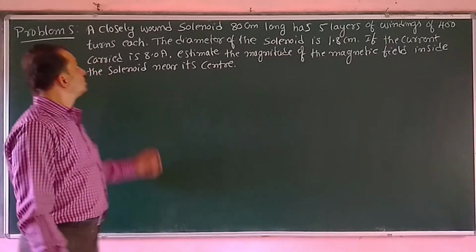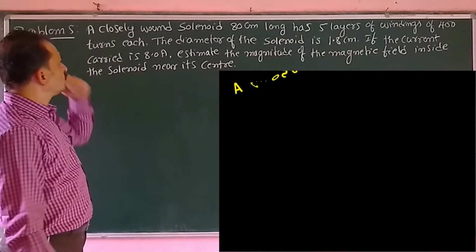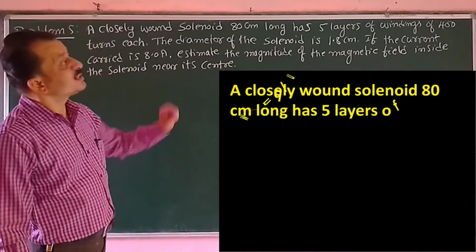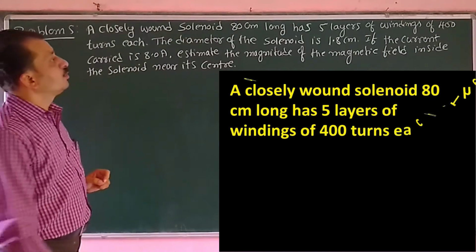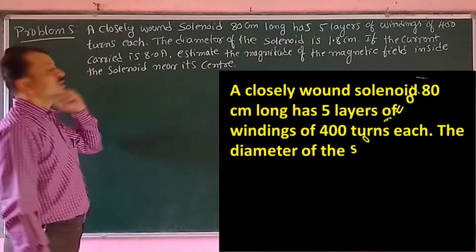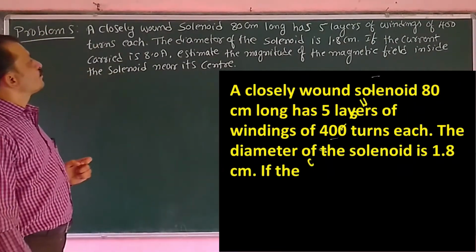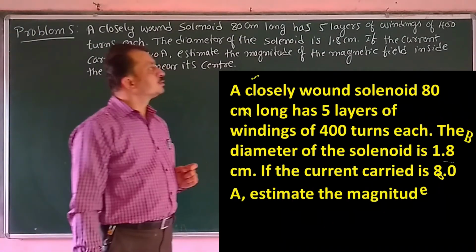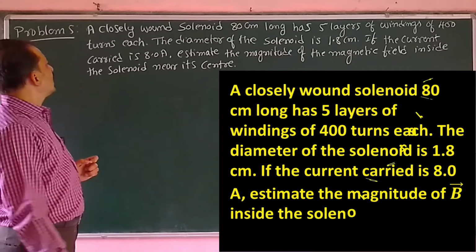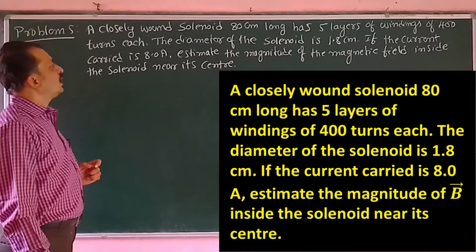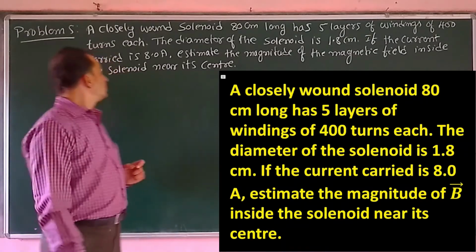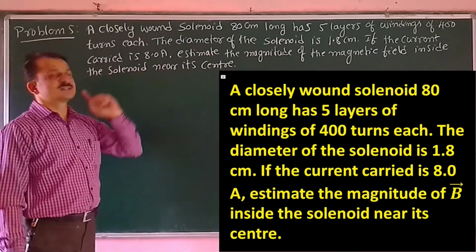Next problem. A closely wound solenoid 80 centimeter long has 5 layers of windings of 400 turns each. The diameter of the solenoid is 1.8 centimeter. If the current carried is 8 amps, estimate the magnitude of the magnetic field inside the solenoid near its center.